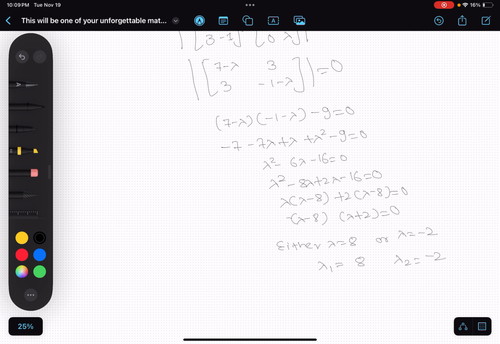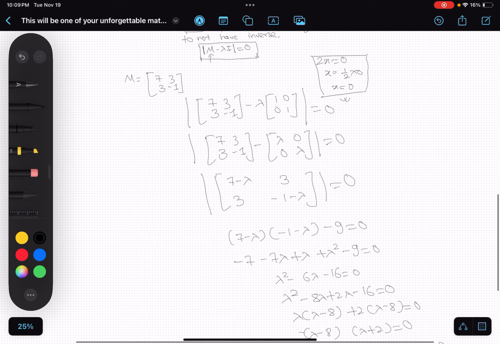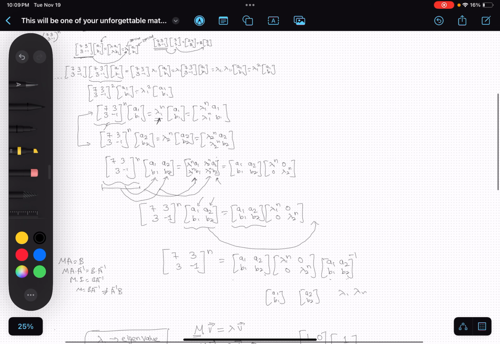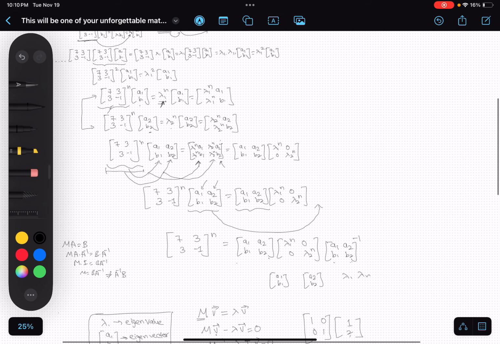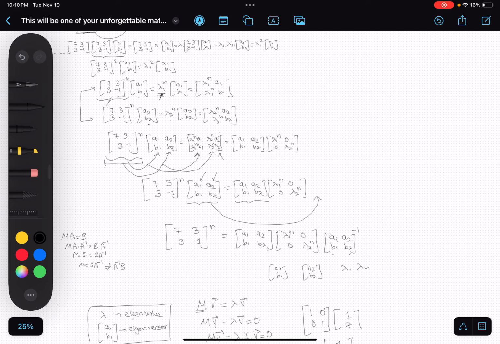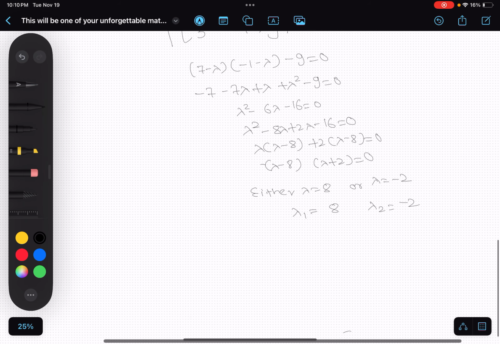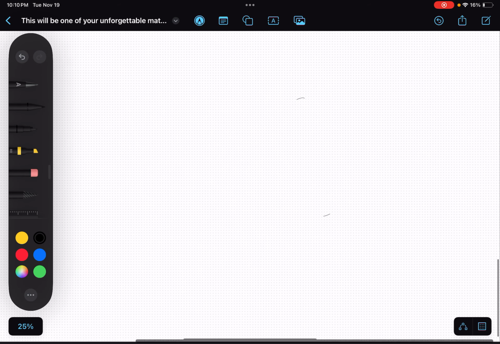Now corresponding to these eigenvalues, we also know that for this eigenvector a1 b1 we have eigenvalue lambda 1, and for this eigenvector a2 b2 we have eigenvalue lambda 2. So we need to find the eigenvector a1 b1 for lambda 1. Again we will get back to the definition to find these things.